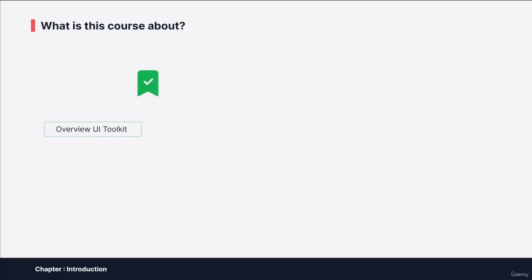Now, one of the things that this course wants to achieve is to give you an overview of UI Toolkit. This does not mean that we will cover every single button that there is in UI Toolkit, because there are a lot of buttons, believe me, and a lot of different controls and a lot of things that you can use, and it would not make a lot of sense to try to put everything in here.